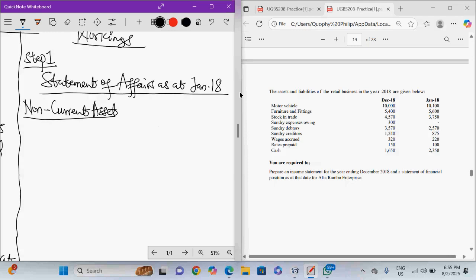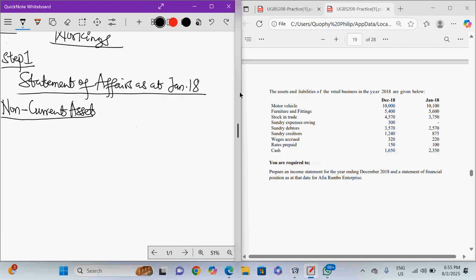Some people can use the total assets minus the total liabilities, right? But I'm using the non-current assets. So what is the non-current asset?